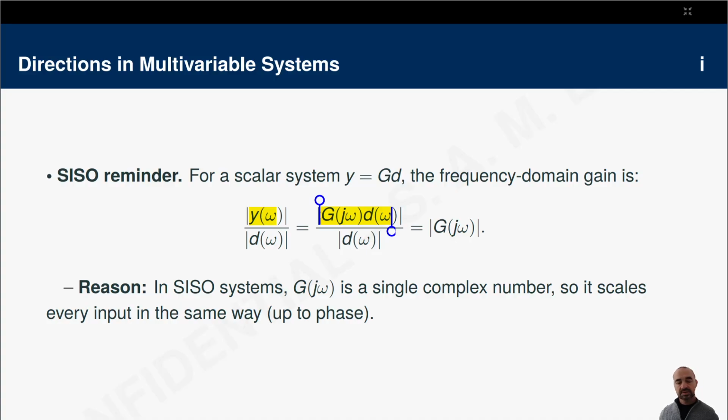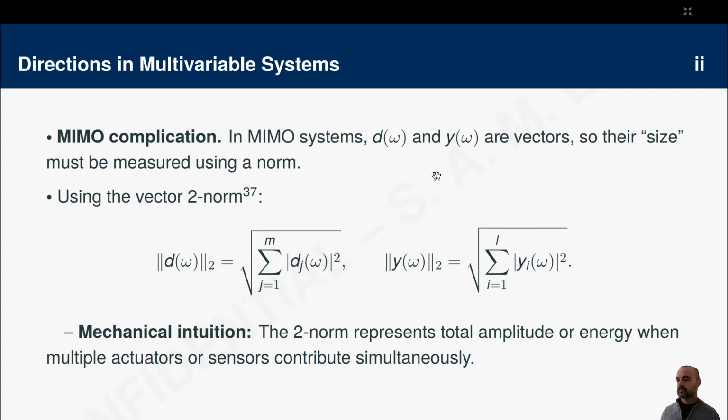In SISO systems, G(jω) is a single complex number, so it scales every input in the same way, up to phase. The MIMO complication: in MIMO systems, d(ω) and y(ω) are vectors, so their size must be measured using a norm.